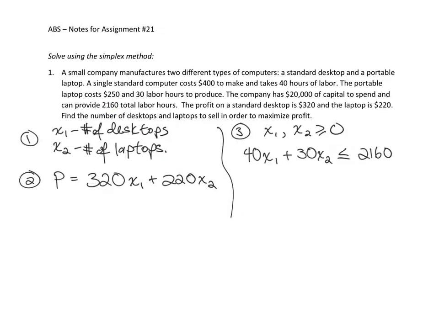So basically we found all of the hours, 40 hours for a desktop, 30 hours for a laptop. There's the total number of hours. And when they say the company can provide 2,160 total labor hours, that means you can work right up until that point, but you cannot work more than that. That's why we're using a less than or equal to here.